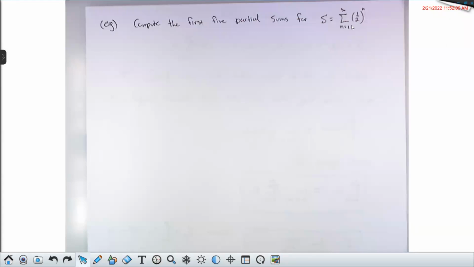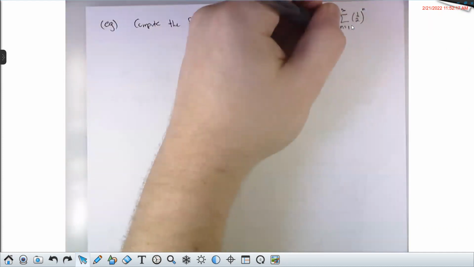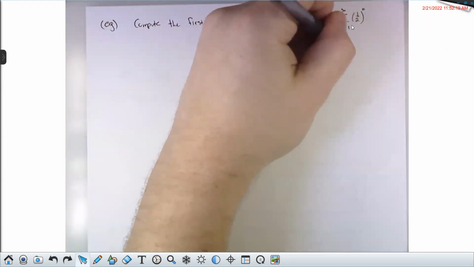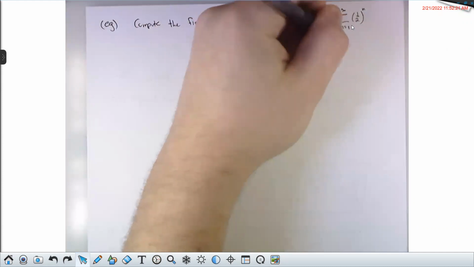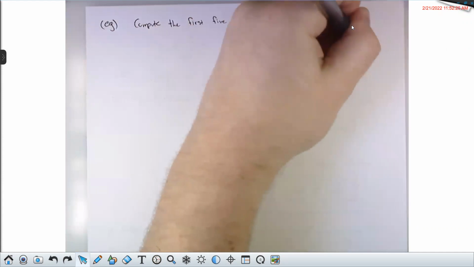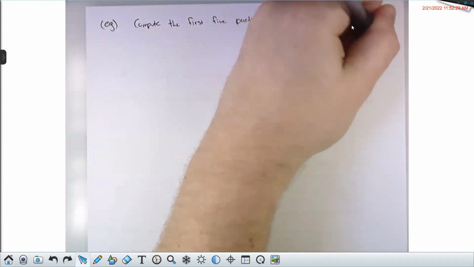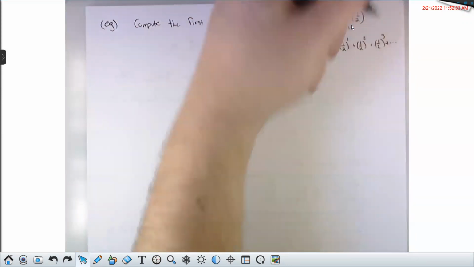So the first partial sum I could talk about here, maybe even before that, if I write this series out, this is like 1/2 to the 1 plus 1/2 to the 2 plus 1/2 to the 3 plus going on and on like that forever, right?